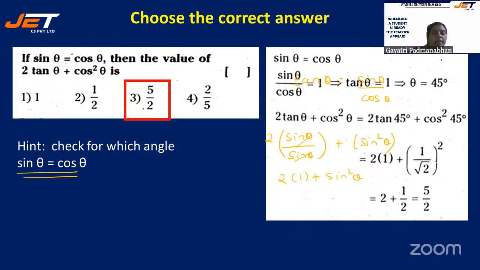Even this method can be done, but again you have to check for the theta where sine theta is equal to cos theta. Here you take theta to be 45 degrees. That's why your answer 3 is correct.